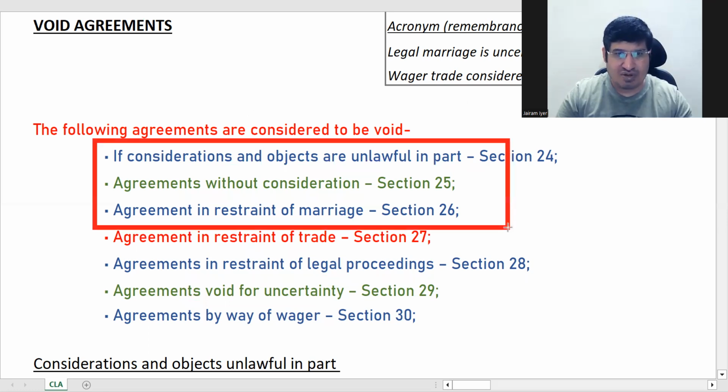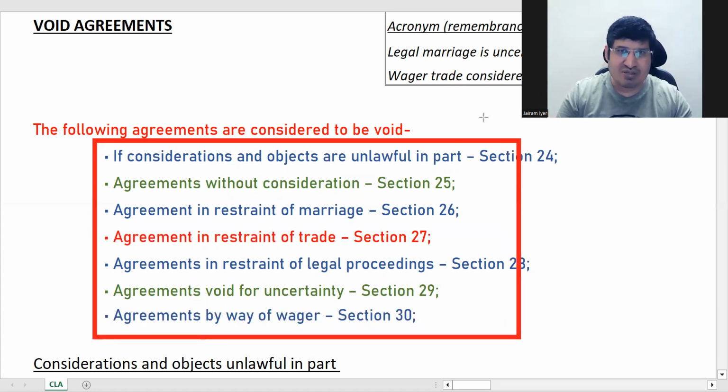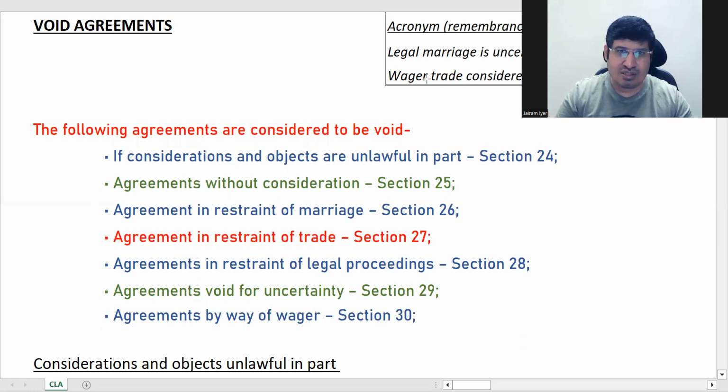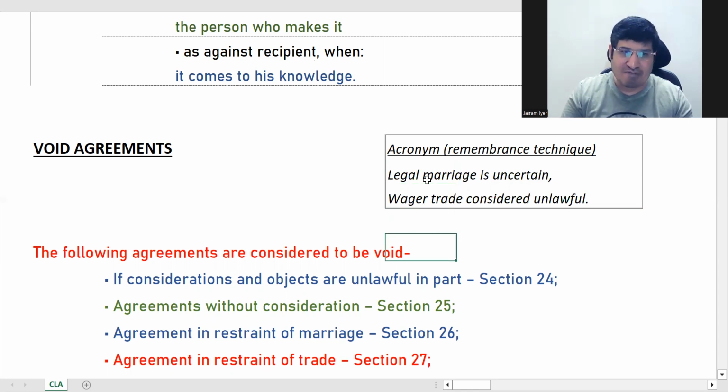So, how to remember these 7 sentences? That is what this acronym is for. You can see: legal marriage is uncertain, and wager trade considered unlawful. There's no such logic to it, it's just for remembering.